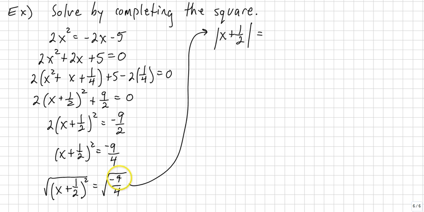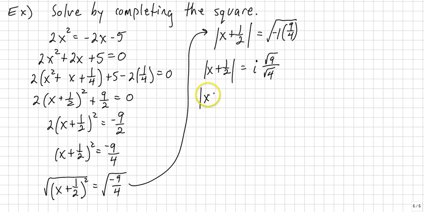And then the square root of negative 9/4 we now know would be the square root of negative 1 times 9/4, which would be i, and then it'd be the square root of 9 over the square root of 4. Both of those are the principal square root, don't forget that.